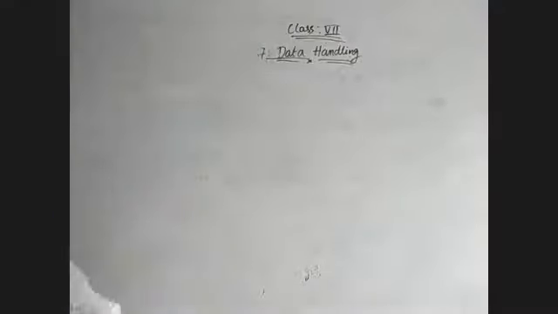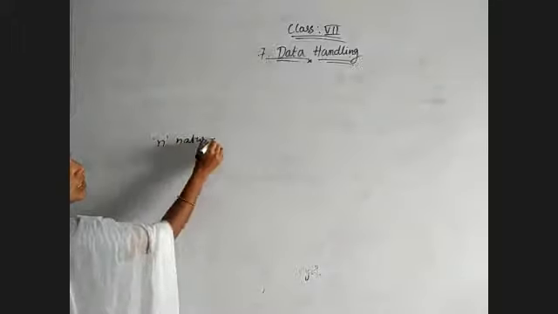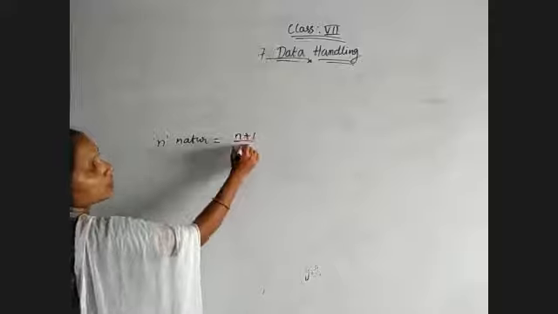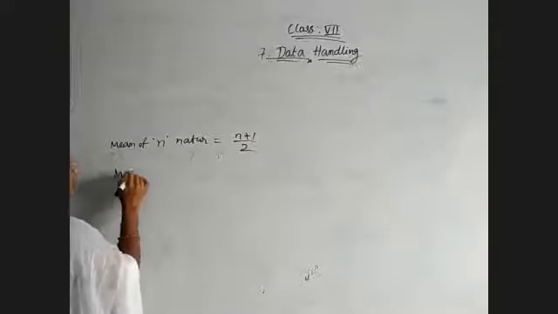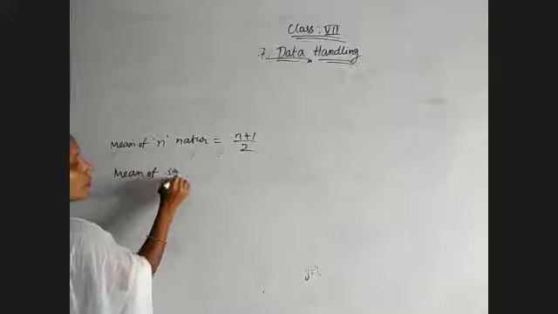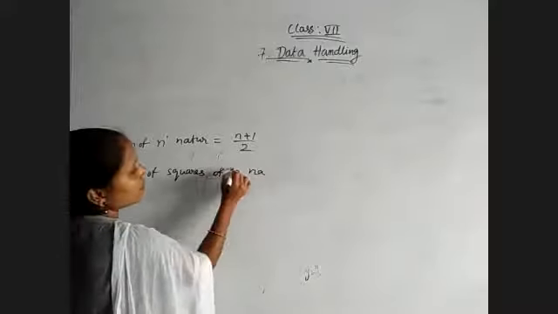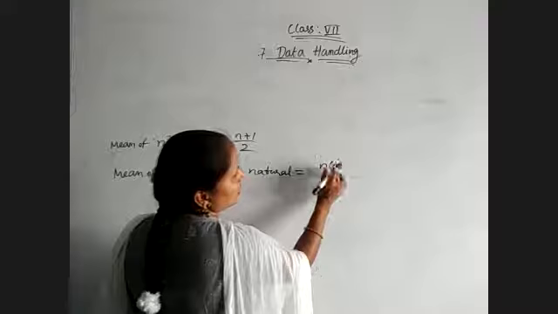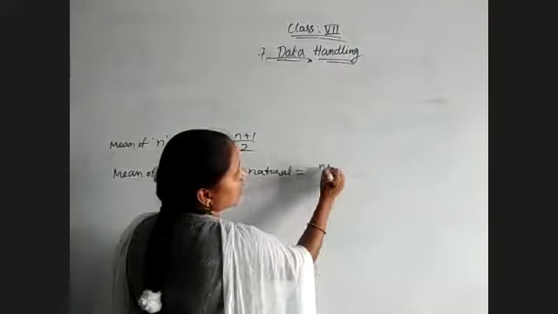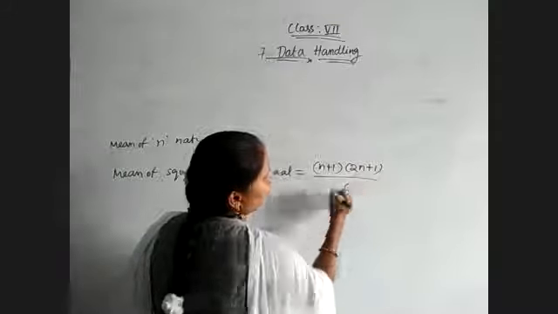That is, the mean of the first n natural numbers is given by n plus 1 by 2. The mean of squares of the first n natural numbers is given by n into n plus 1 into 2n plus 1 by 6. I am mentioning only the mean now.